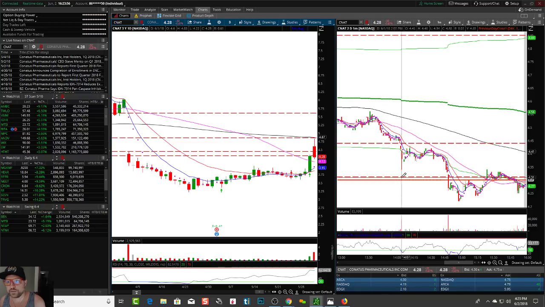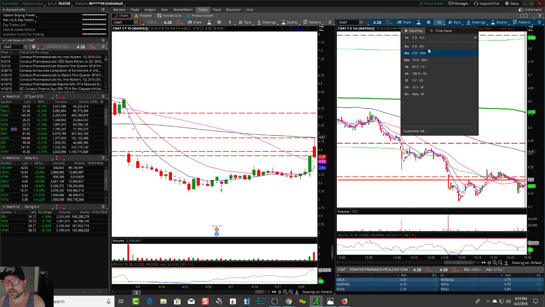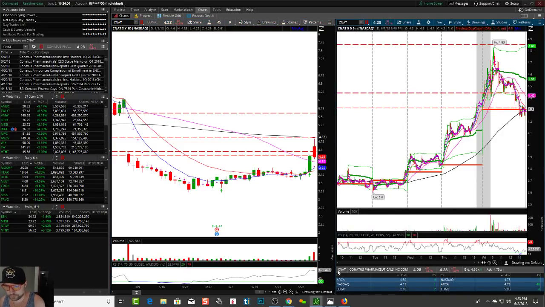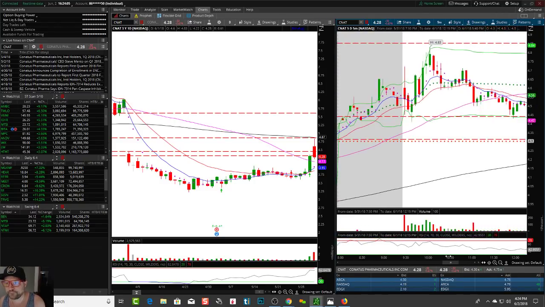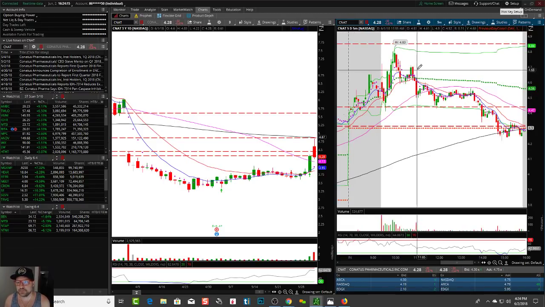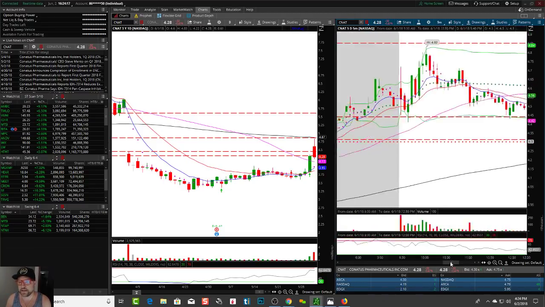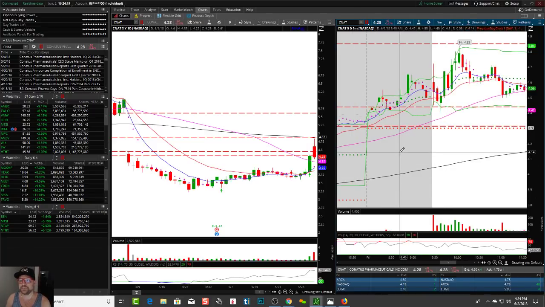So trading this one, if you zoom in on it, if I had a 5 minute, how would you have traded this one? CNAT, it's a bit challenging, right? If you're trading patterns, which we like to teach, this is a bit difficult.